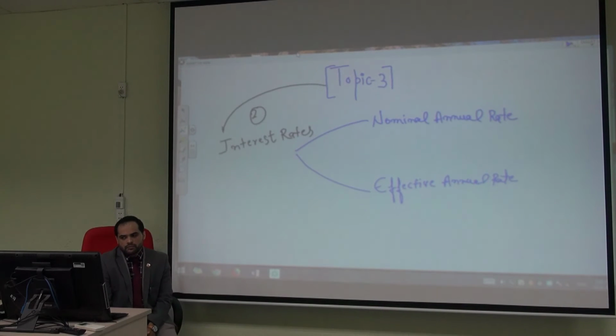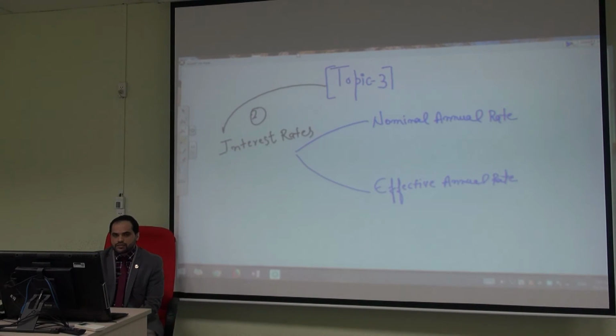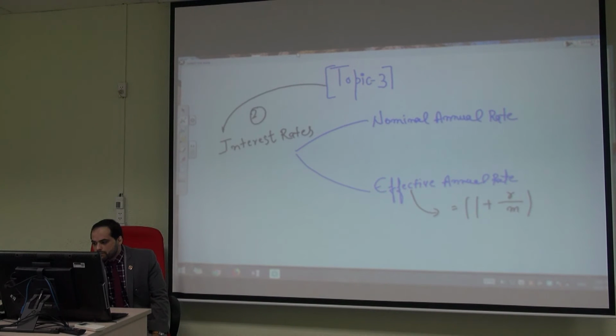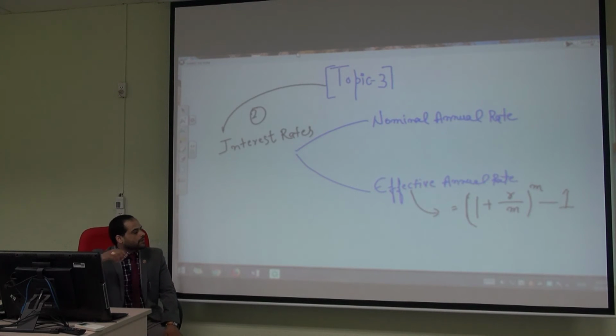Of course, we're going to learn about the effective annual rate. So what will be the formula for the effective annual rate? To estimate the effective annual rate, the formula is (1 + R/M)^M minus 1. Alright?